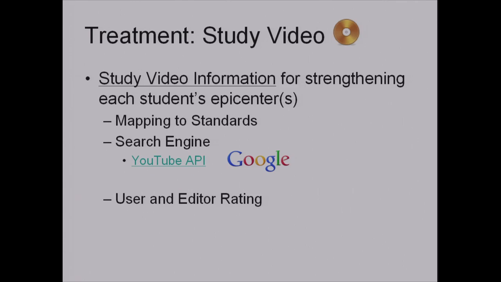The other angle is study video. For example, we have 1,000 epicenters, and one student gets a list of three epicenters. Each epicenter has specific mathematical knowledge, and we use the YouTube API to find what kind of video best fits that particular student's epicenters. Right now, there are 1,000 videos, and they don't fully match the epicenters.